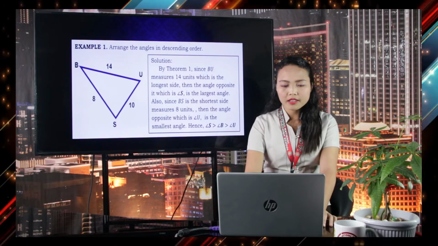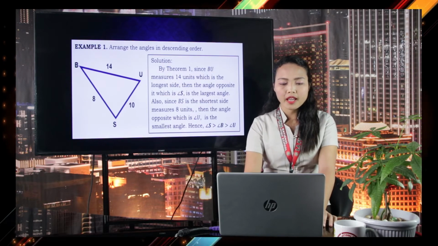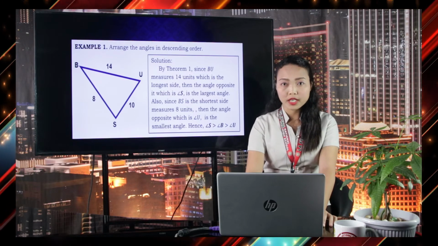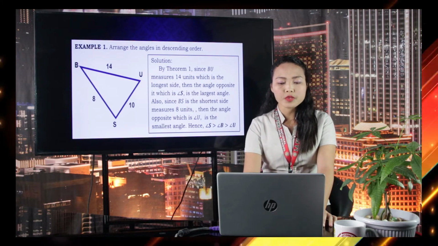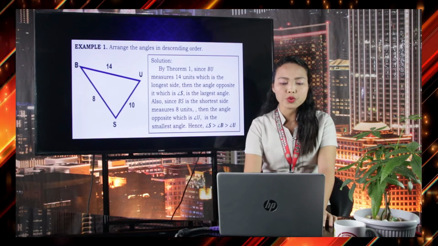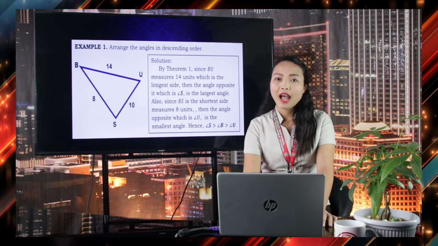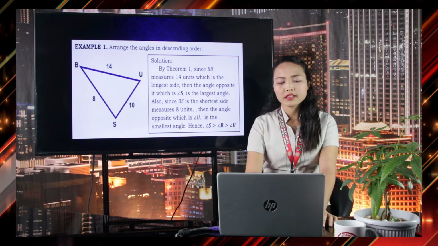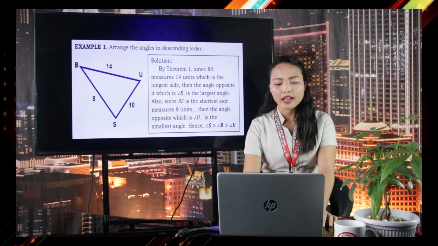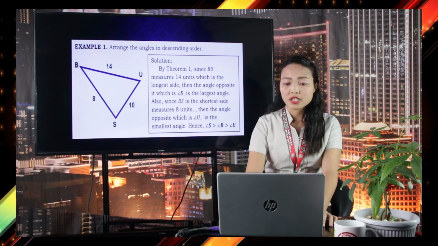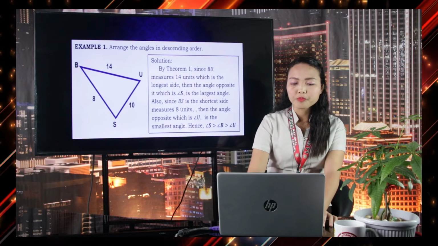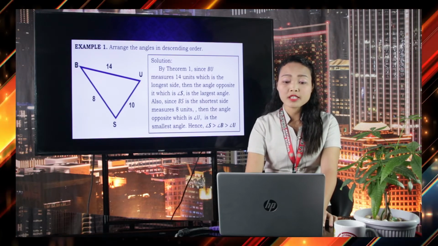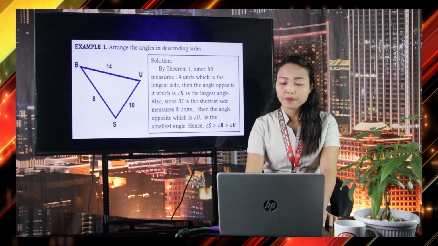BS is the shortest side, which measures 8 units. Then the angle opposite, angle U, is the smallest angle. Hence, we write angle S first because it is the largest angle, followed by angle B, and the smallest angle is angle U.